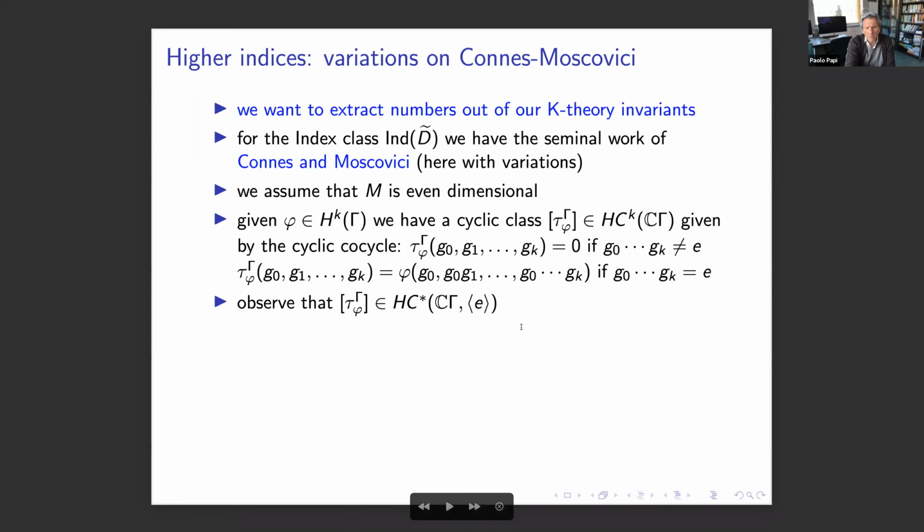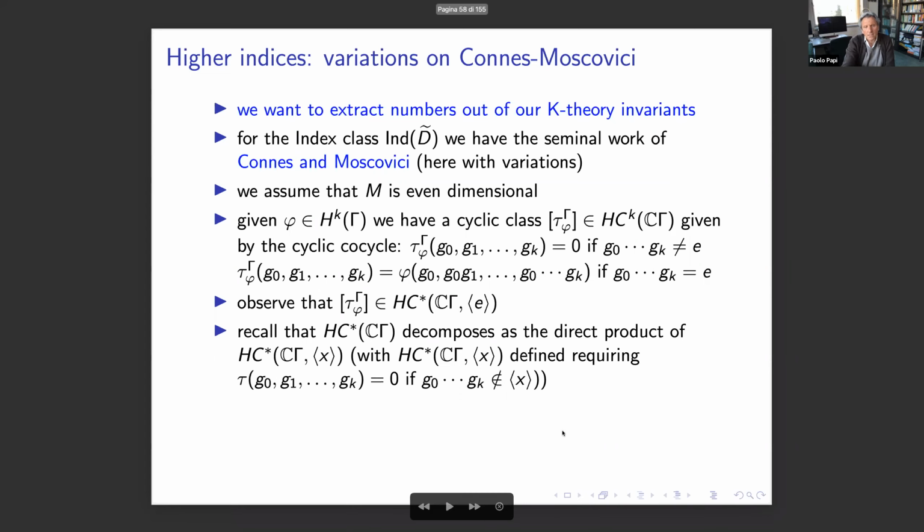Let me remind you that the cyclic homology of C gamma, in fact, is the direct product of the cyclic homology localized at the conjugacy classes, where the definition is as before, only that now the cocycle is 0 if the product does not belong to the conjugacy class. In fact, a famous theorem of Burghelea tells you exactly who are these constituents of this direct product. This is actually very important in applications.